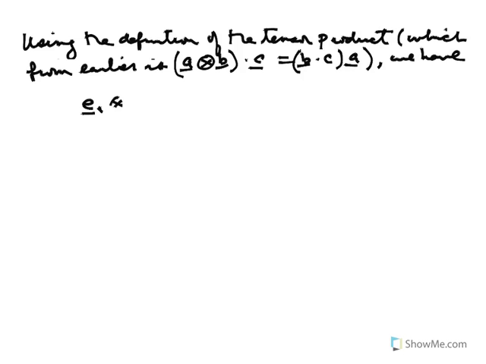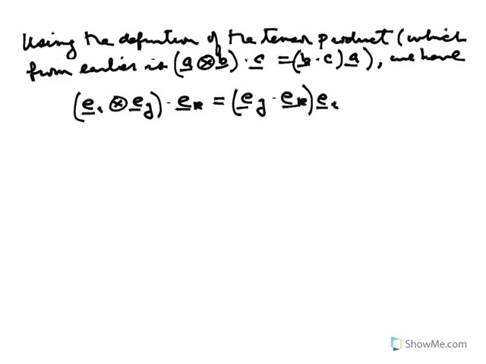Ei circle cross Ej applied to Ek is equal to Ej dotted with Ek multiplied by Ei. Now you can see that that just came straight from the definition of the tensor product.